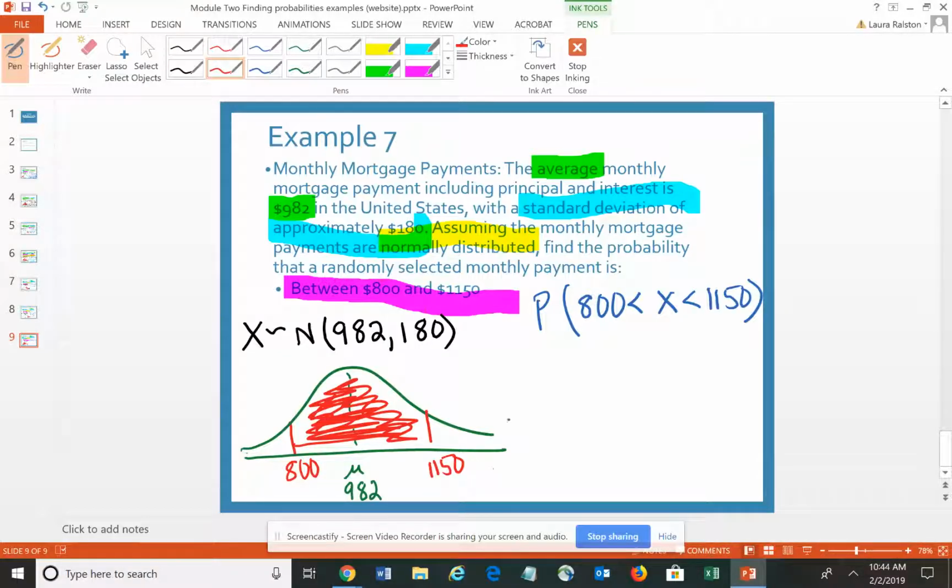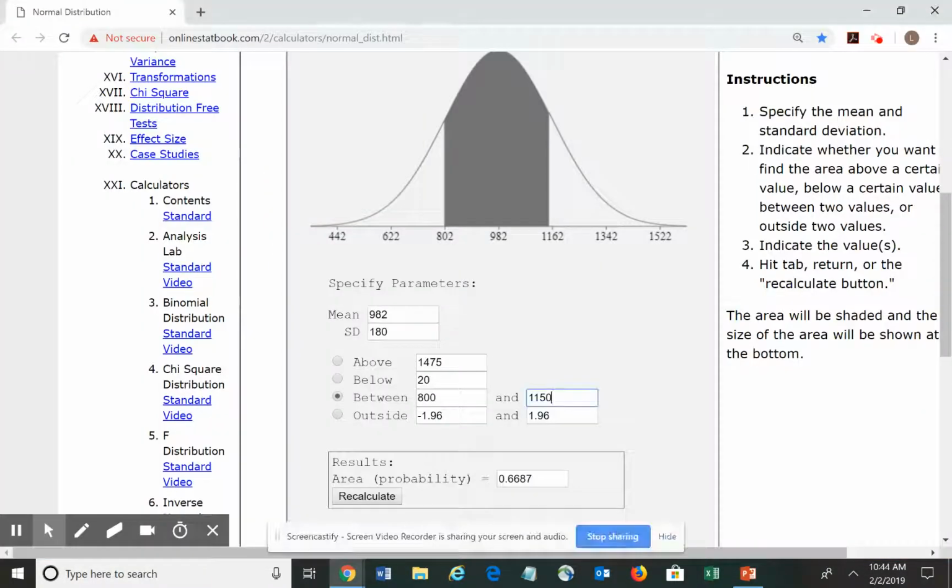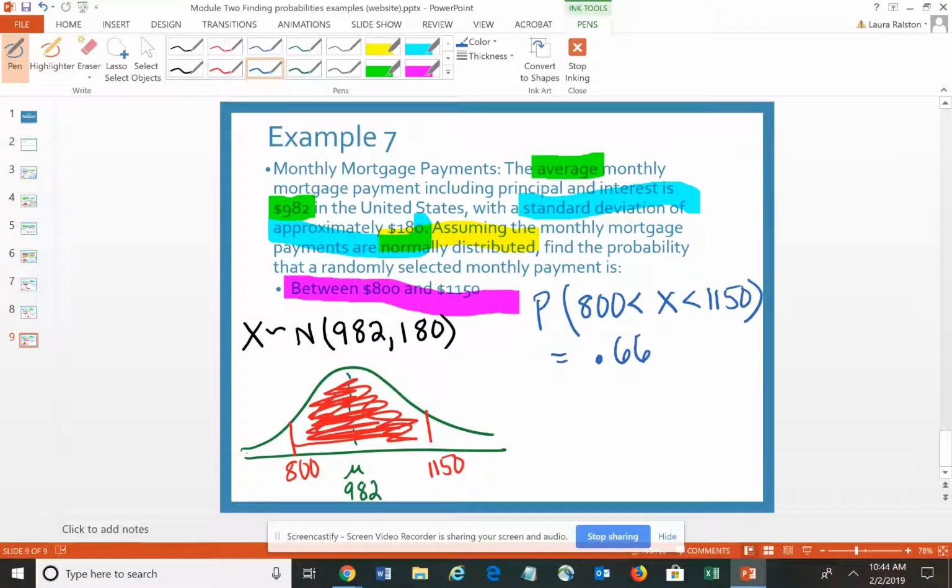So the probability that our mortgage payment's between 800 and 1150 is 0.6687. Or we have about a 66.87% chance that our mortgage payment is going to be between $800 and $1,150.